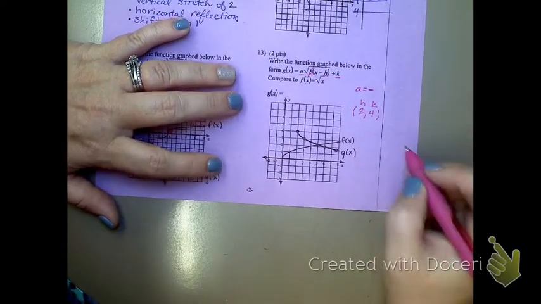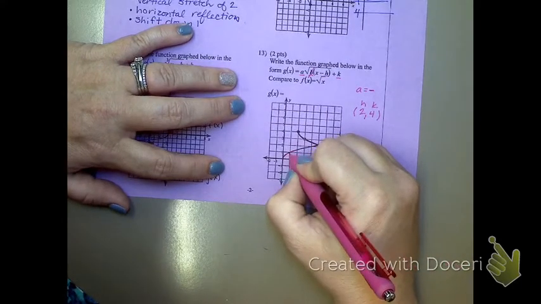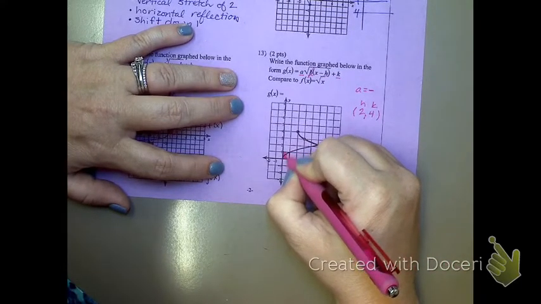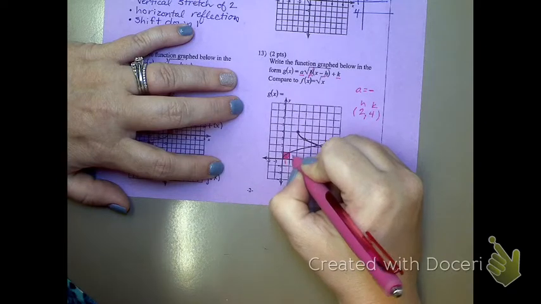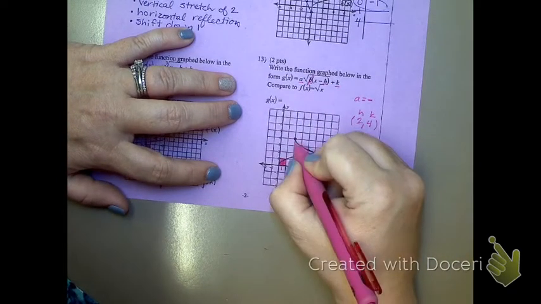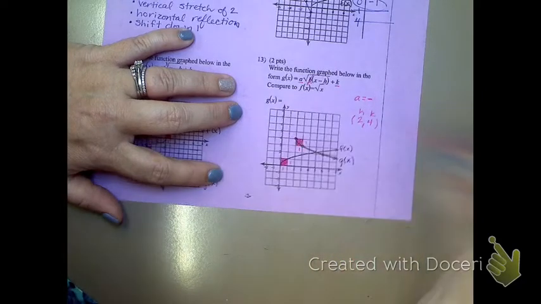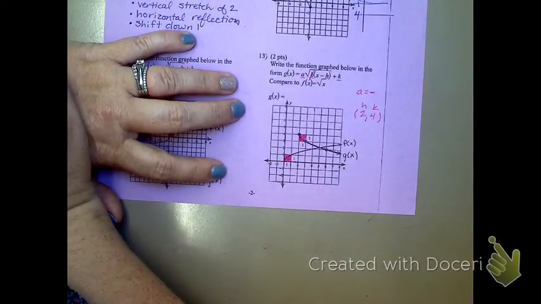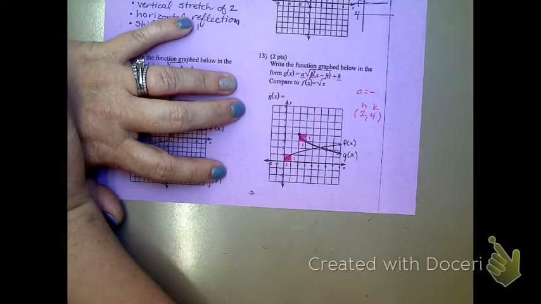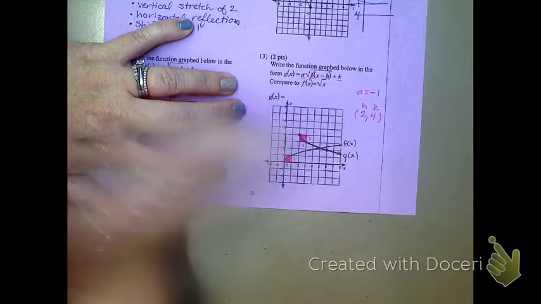Now let's look at what that a value might be. Again, your parent function is always a 1 by 1 square. This one also looks like it is a 1 by 1 square. What does that tell me? That tells me I have a vertical reflection only. I do not have a stretch or compression.